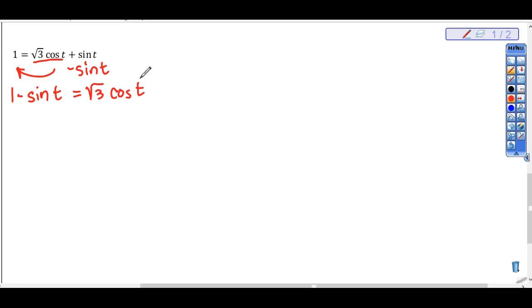And an ugly fraction with a square root in the denominator. So I think at this point, it would be a smart idea to just square the left and square the right and get rid of that square root of 3. The square root squared inverse so that the 3 is not under the square root.